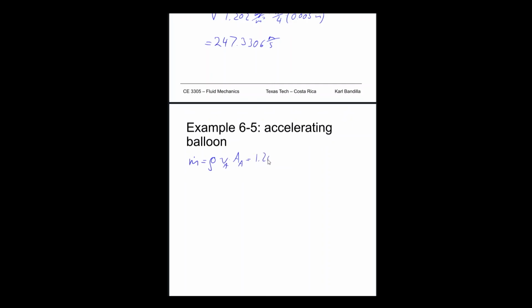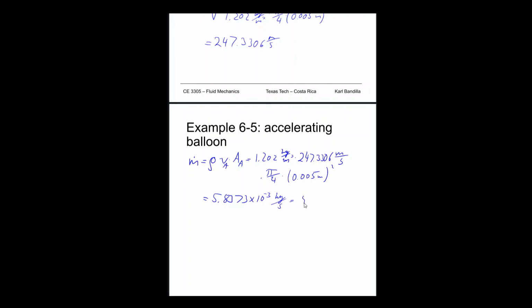That is 1.202 kilograms per cubic meter times 247.3306 meters per second times pi over 4 times 0.005 meters squared, and that gives me 5.8373 times 10 to the minus 3 kilograms per second.